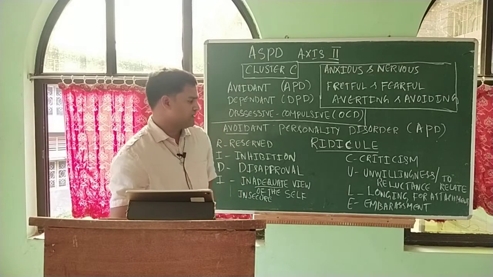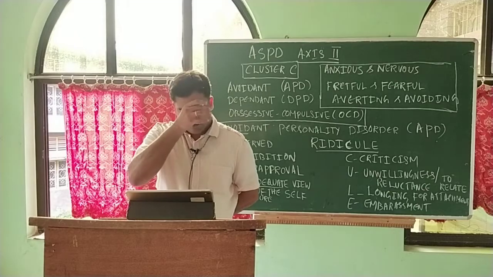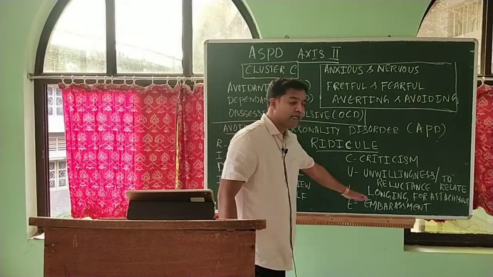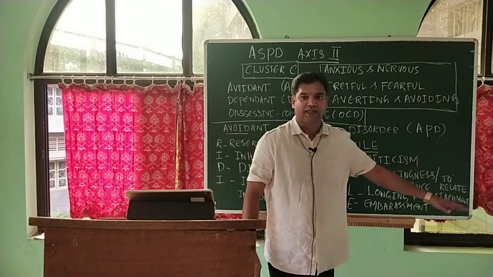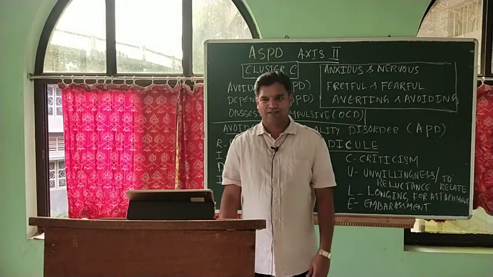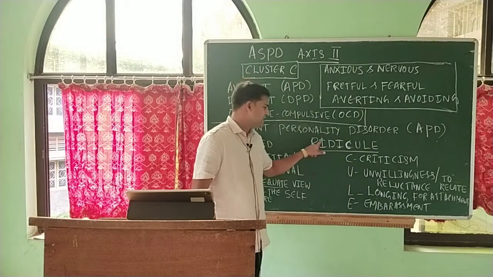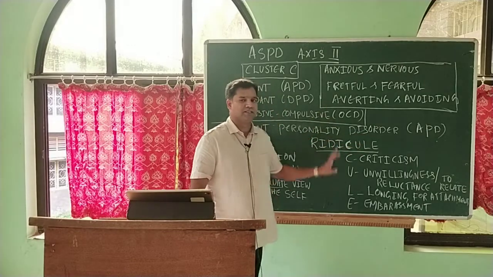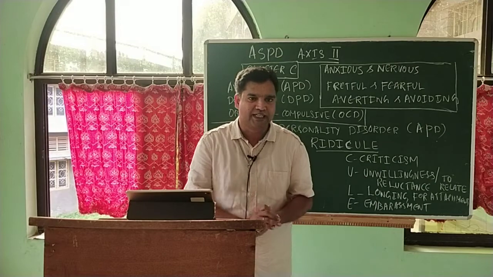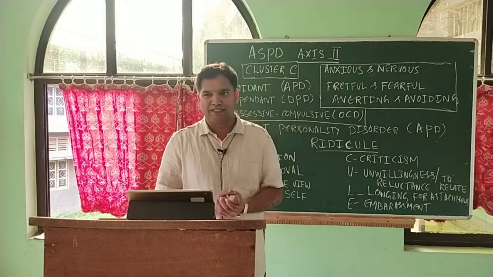So they have fear of being humiliated. That is embarrassment. Fear of being made fun of by others. That's why we have given this word, ridicule. This very word, acronym, describes their personality. They have fear of being ridiculed, fear of being humiliated, fear of being put in a situation of embarrassment.